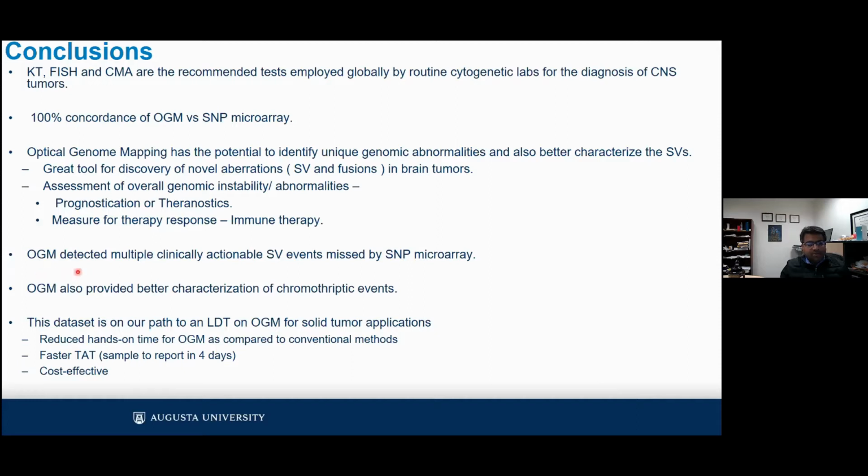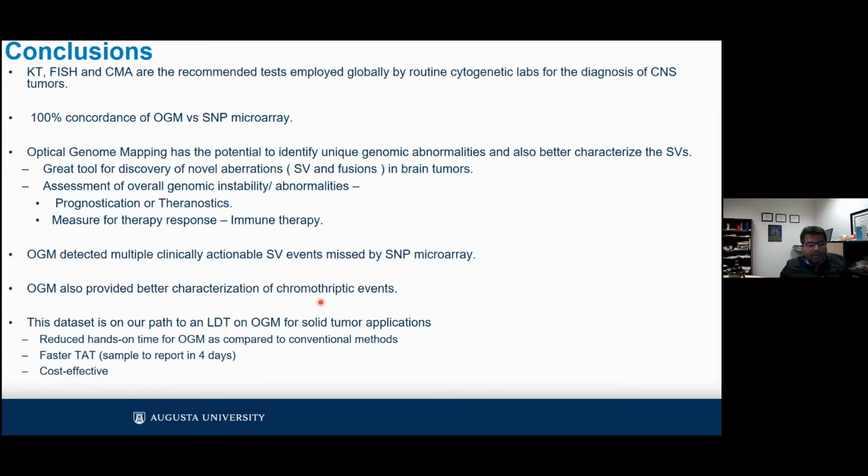The optical genome mapping in our study detected multiple clinically relevant actionable SV events which were missed by SNP microarrays. On top of that, the OGM provided better characterization of chemotherapeutic events. Again, that goes into the earlier discussion on looking at overall genomic instabilities and abnormalities at the tumor level or the whole genome level.